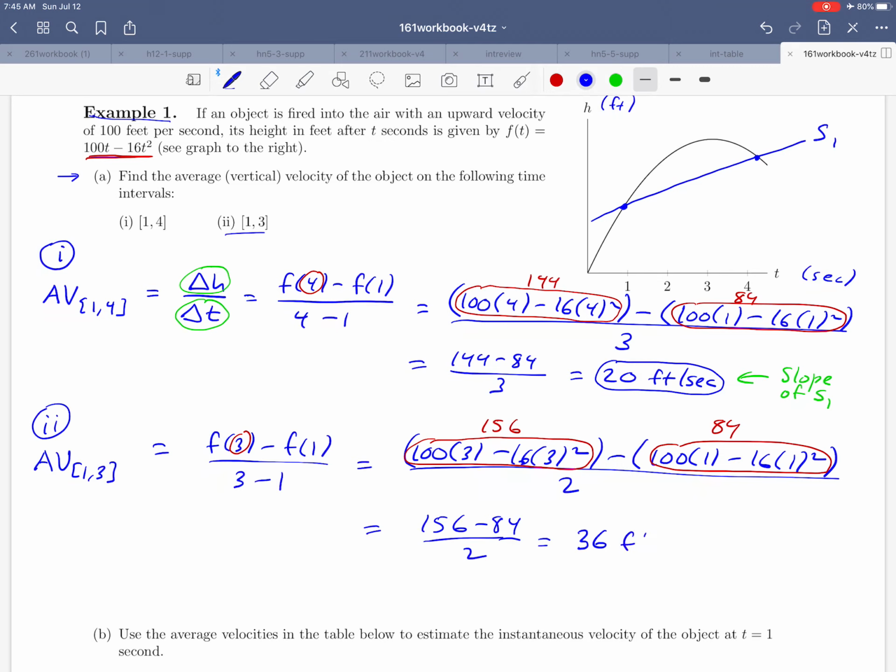Units are still feet per second, and there's our average velocity between 1 and 3. What would that look like on our graph? Well, that's the slope of the line between 1 and 3. So here's our point at 1, and our point at 3 is here. And so if we label that line S2, we just calculated the slope of S2.